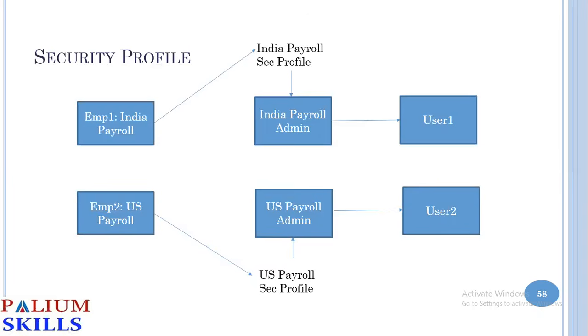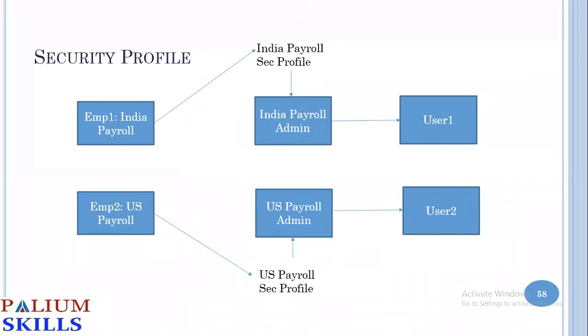So security profile is something like slicing the data, right? You have your entire database which holds all payroll data that you are dividing into two different payrolls, India payroll and US payroll, by using the payroll definition. Any user who is linked to India payroll will be part of a security profile, let's say the India payroll security profile.